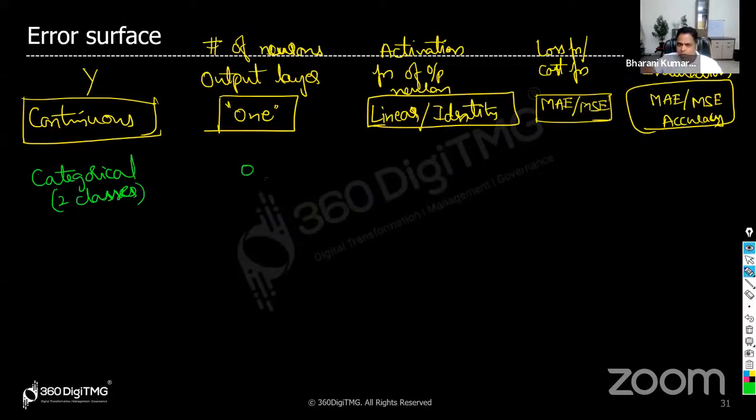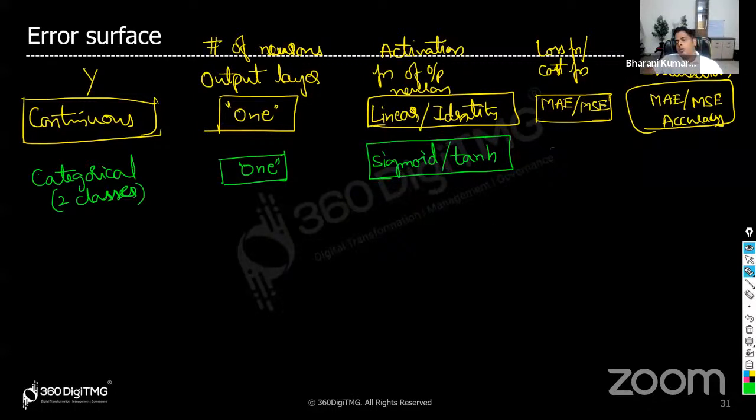One neuron or two, but usually it is one. So I'll go with one. What about the activation function? Yes, one of our friends has already given that. What is the activation function that we use? Sigmoid, or is it only sigmoid? Or can I use something else? Tanh also, yes. Hyperbolic tangent. What is the loss function or cost function that we use?